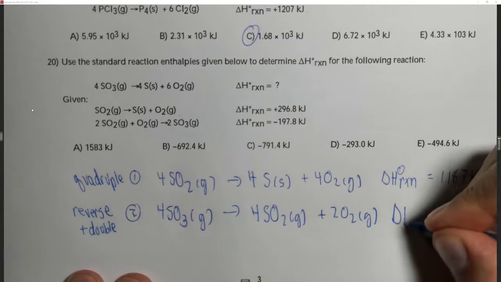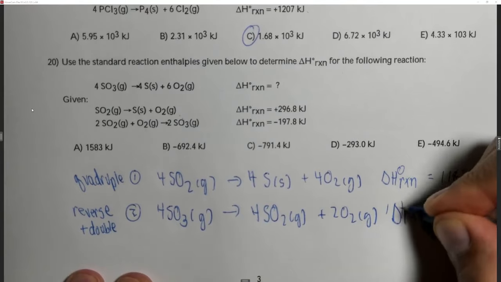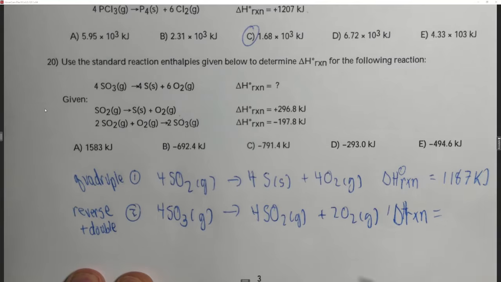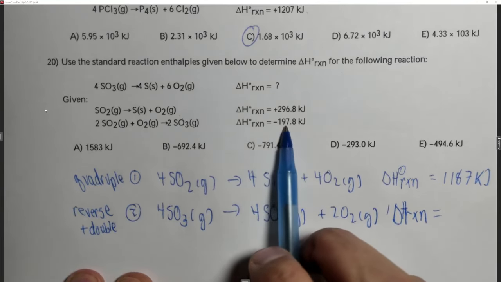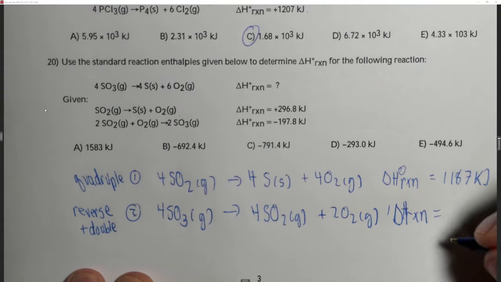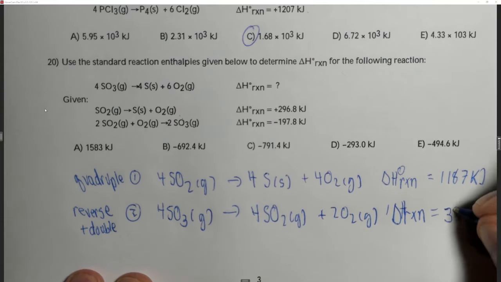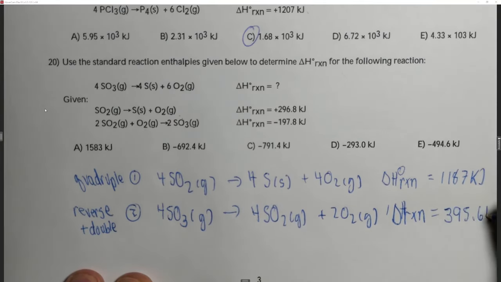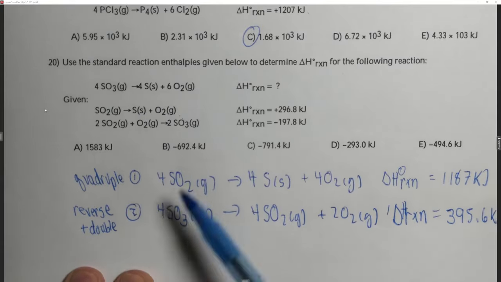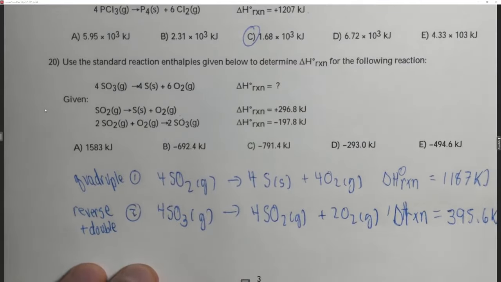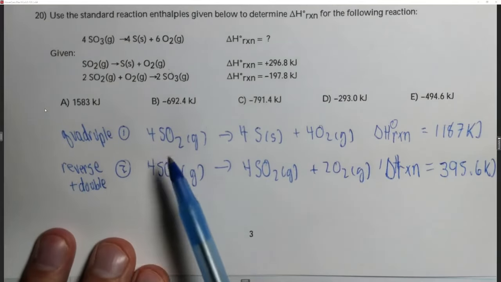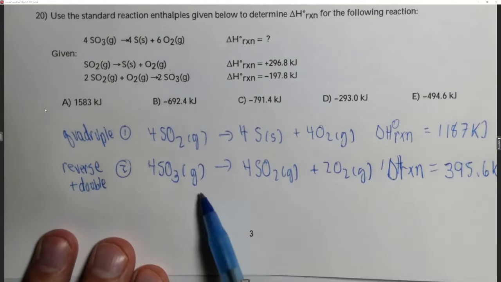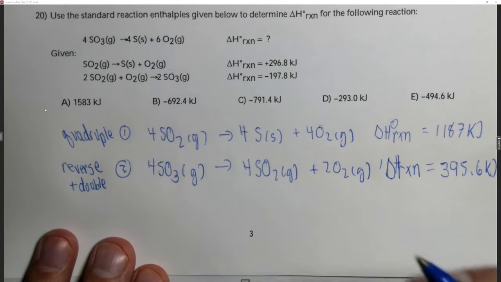And now the delta H of the reaction is reverse and double of this. Reverse just means make it positive. Double means multiply it by 2, which is positive 395.6 kilojoules. Now, let me make sure this works by adding the reactions together. Adding chemical reactions seems complicated, but it's really not. Just write all reactants on one reactant side and all products on one product side.